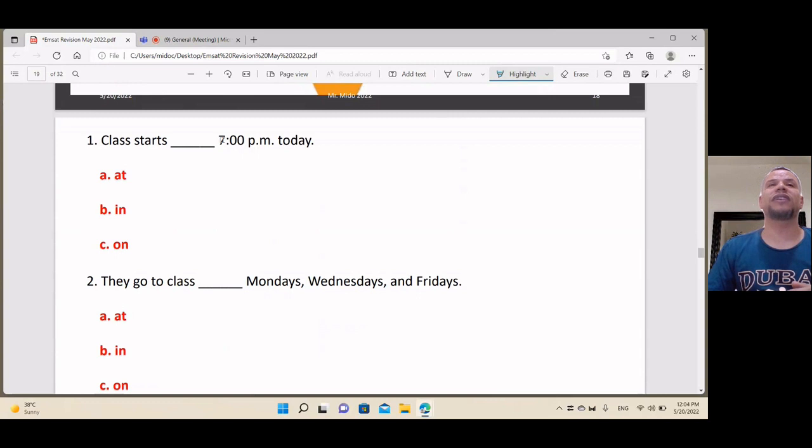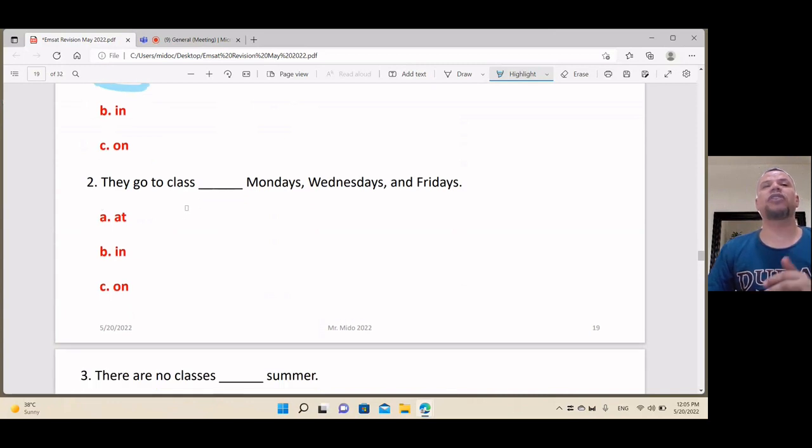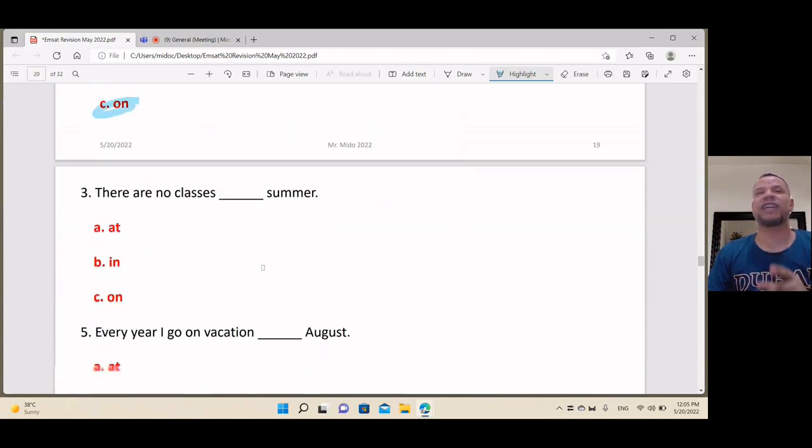Class starts, I have a time, so it's at, with clocks. They go to class Mondays, so I have days, specific information. Specific information is on Mondays, not in, on Mondays, on Wednesdays.